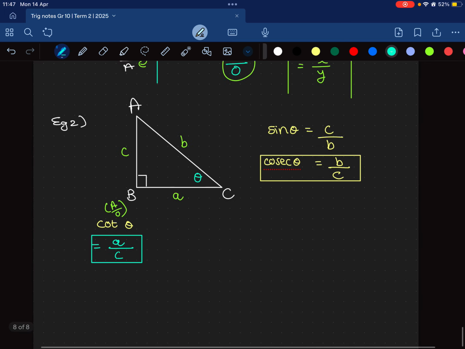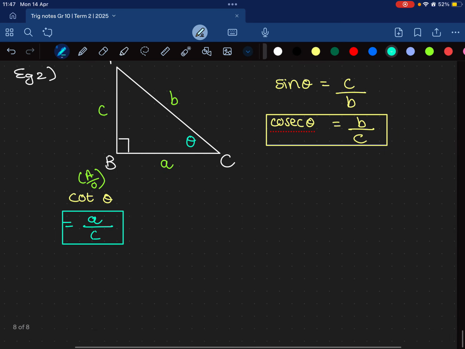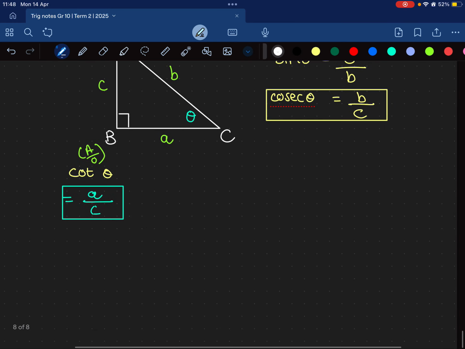Okay, so just an important thing to remember is that as much as these work for normal triangles, they're also going to work with the special angles as well. Okay, so if you're asked, for example, for a special angle, so let's say cosec of 45 degrees. Okay, it's up to you on the way that you can do it.